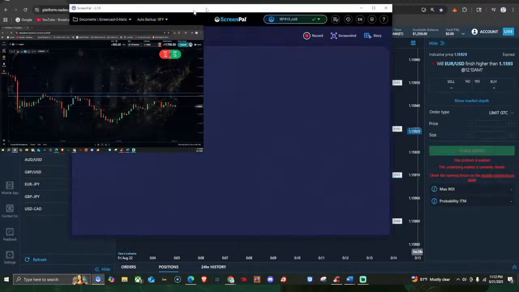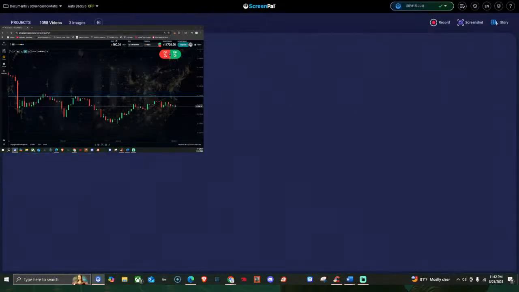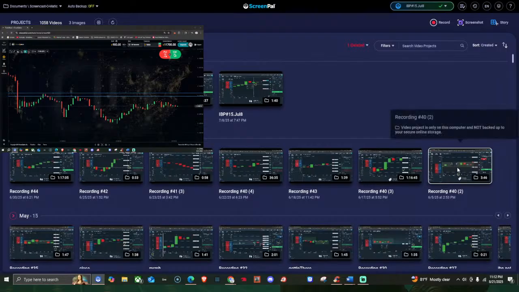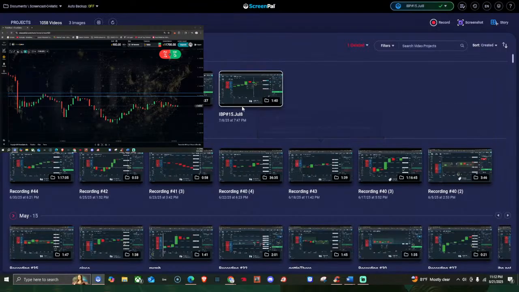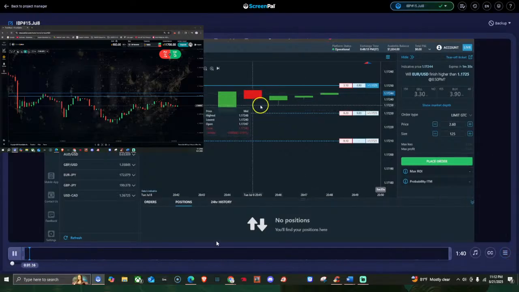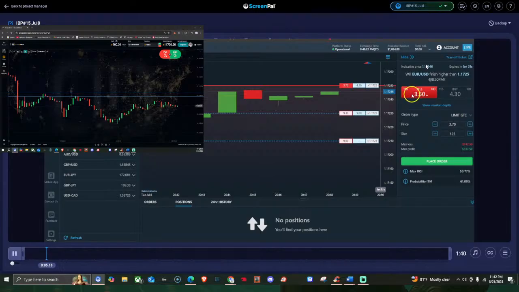All right, let's take a look at our example. Take a look at this price, how it moves, and then take a look at this market.